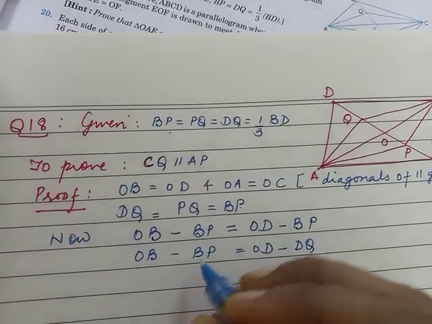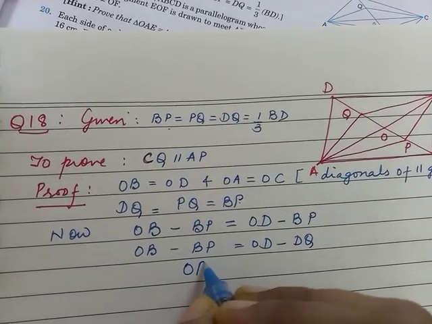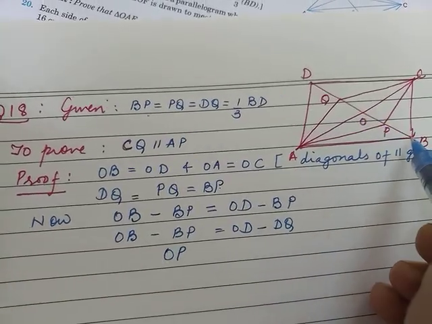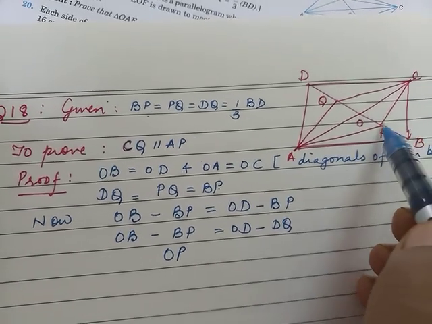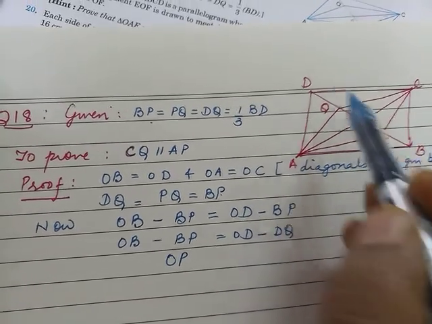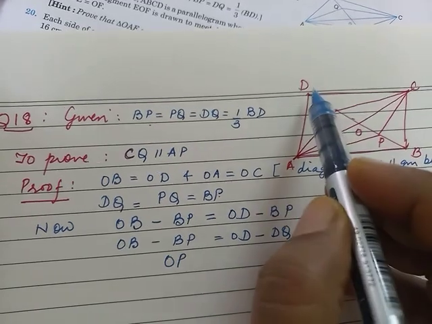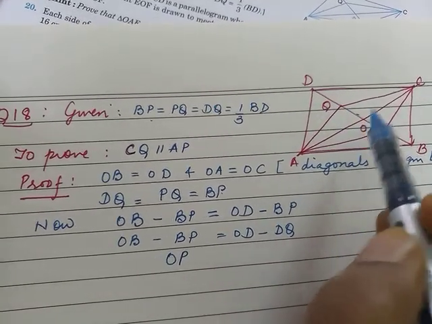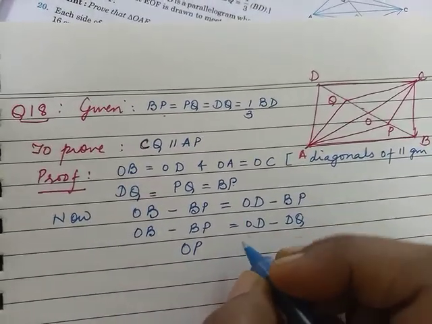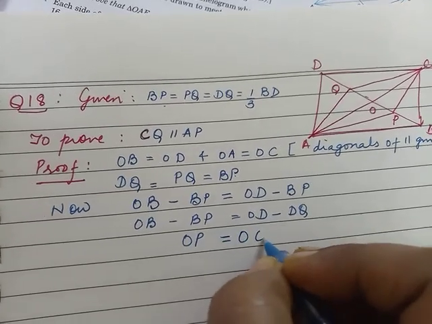OB minus BP will give you OP, and OD minus DQ will give you OQ. So OP is equal to OQ.